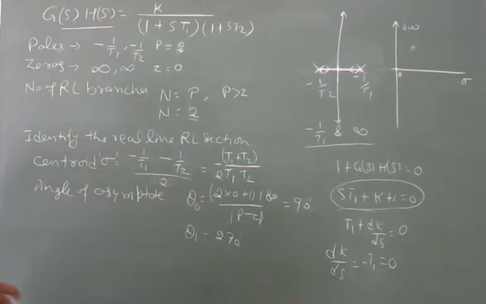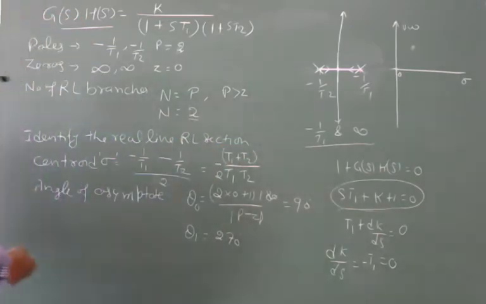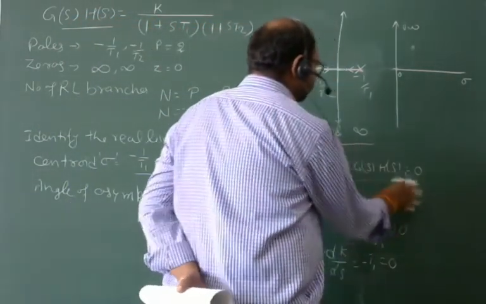Now find the breakaway point. So for that, find out 1 plus GSHS is equal to 0, or the characteristic equation. What will be the characteristic equation?